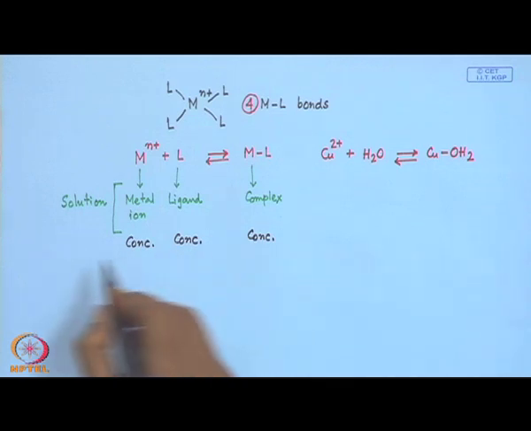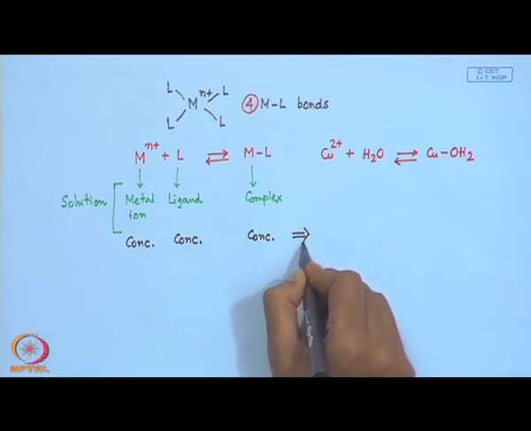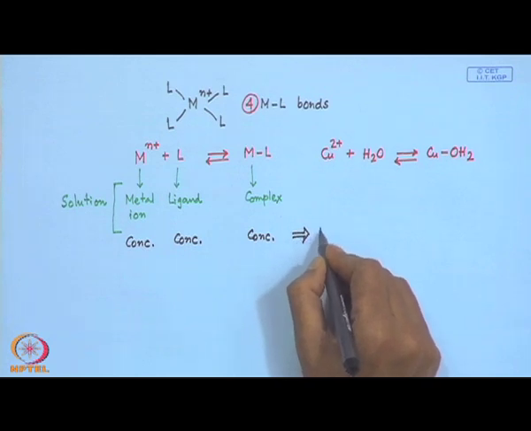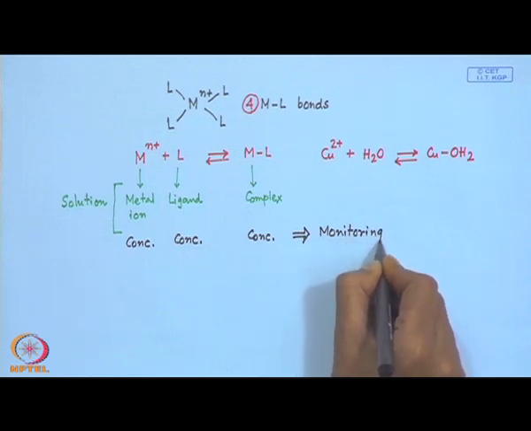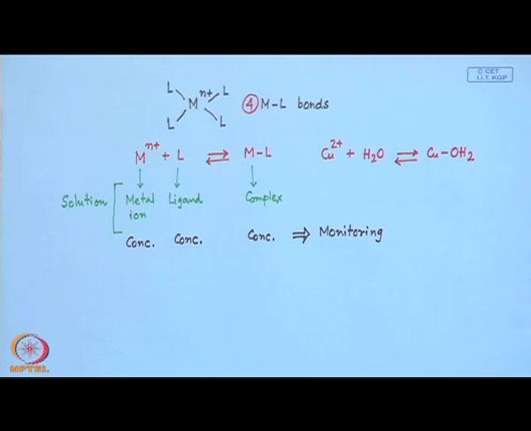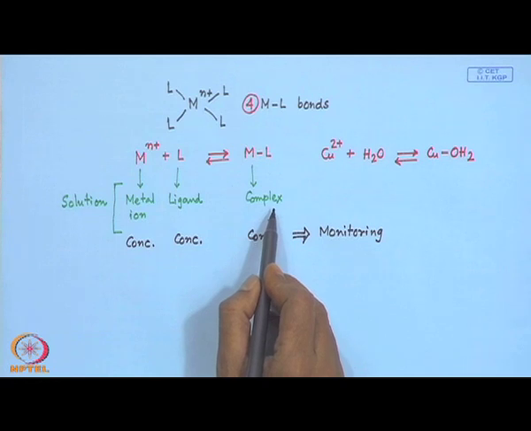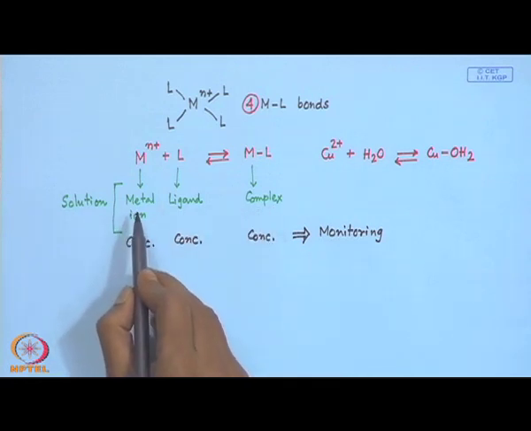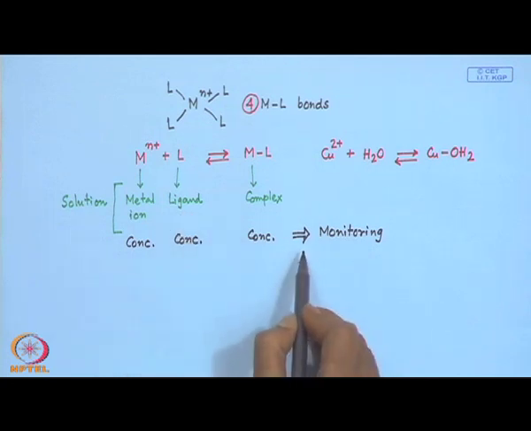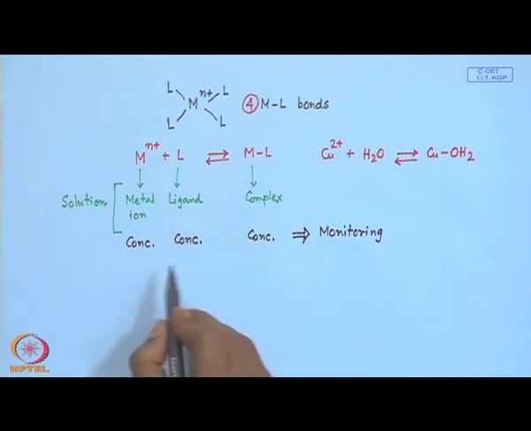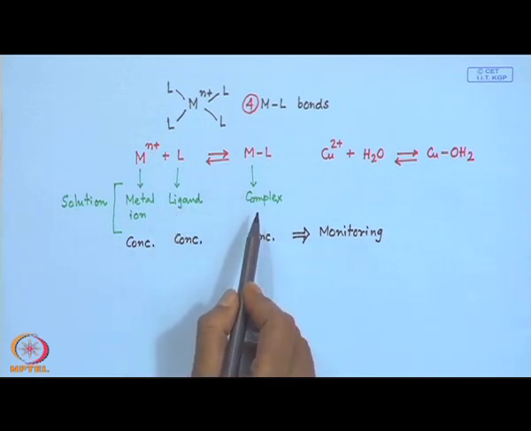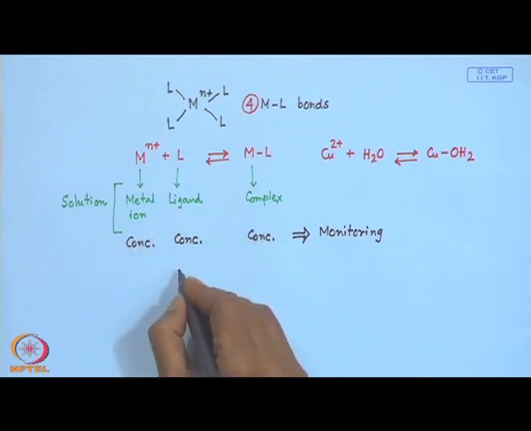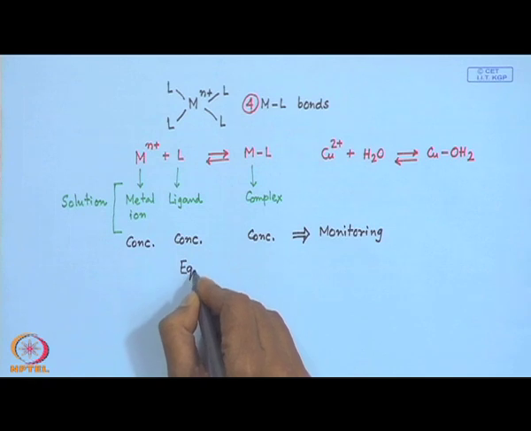If we can monitor all these species by some mechanism, then by monitoring these concentrations we can get some idea of how much metal complex is forming by reacting the metal ion with the ligand to give us the corresponding complex species. So, during the complex formation, all these species, starting from the complex, the metal ion and the ligand, are in equilibrium.